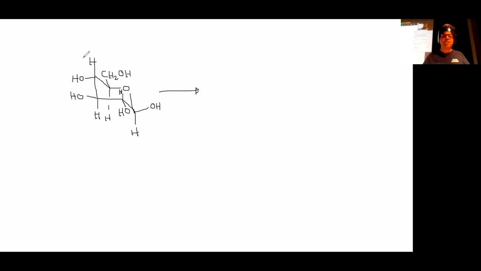Is there any way you can select for just this one or just this one? And the answer is no. Using a Williamson ether synthesis, there's no way to select for just one. But if one were to use a large excess of some alkyl halide, preferably primary, then you will do what's called an exhaustive alkylation.